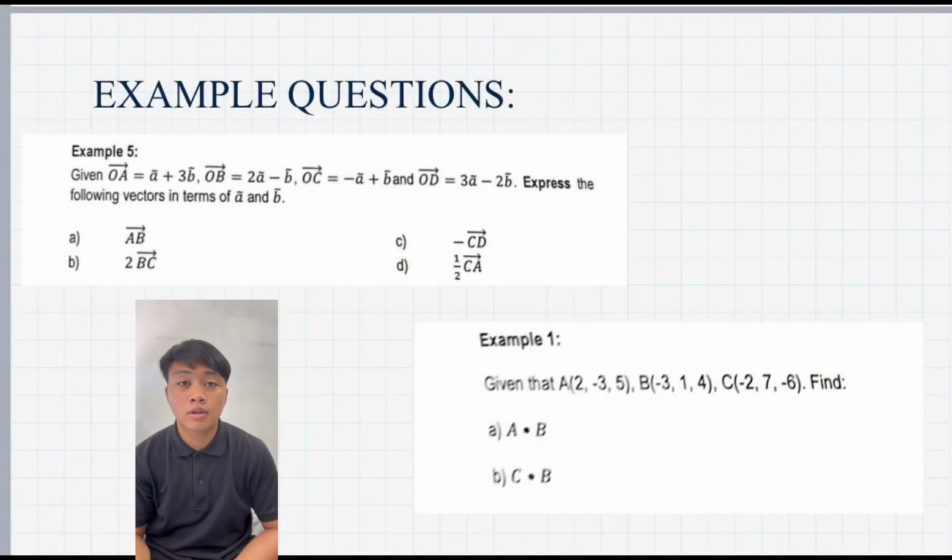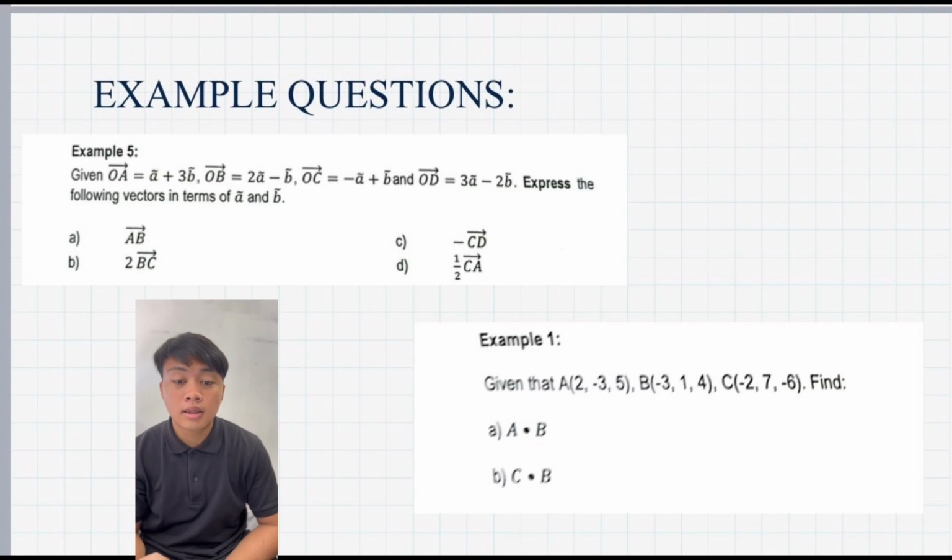These are the example questions that we picked from our maths book Speed Maths. Example 5, given the vector OA is a plus 3b and the vector OB is 2a minus b, and the vector OC is negative a plus b, and the vector OD is 3a minus 2b.